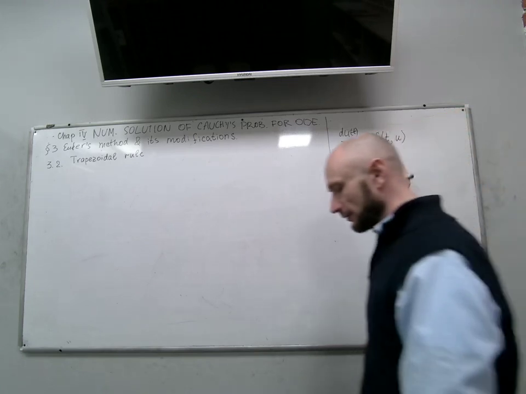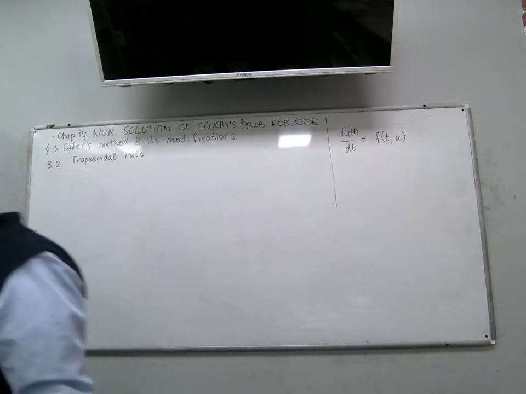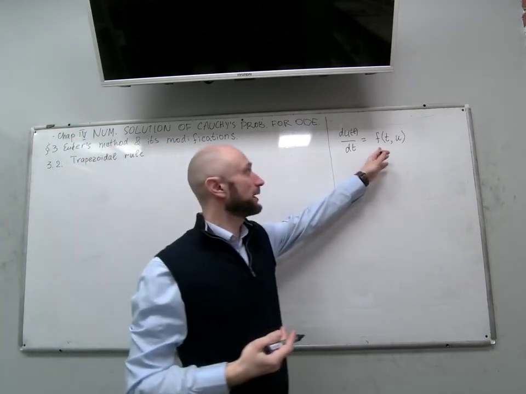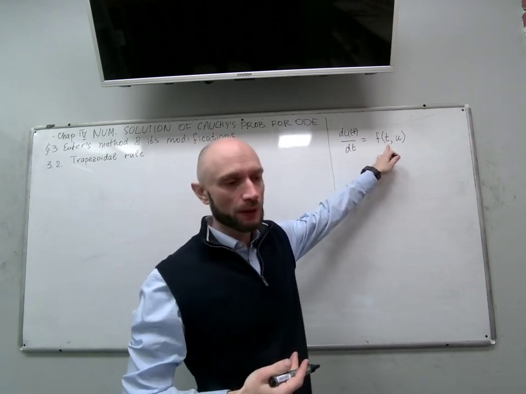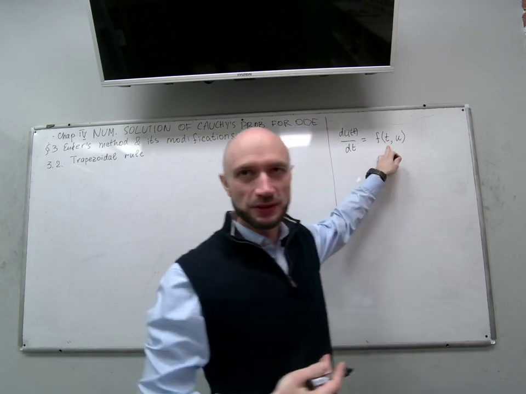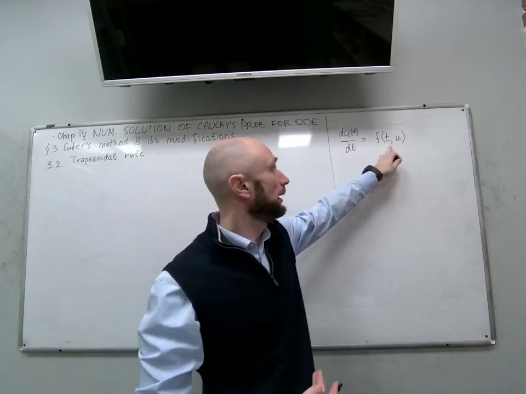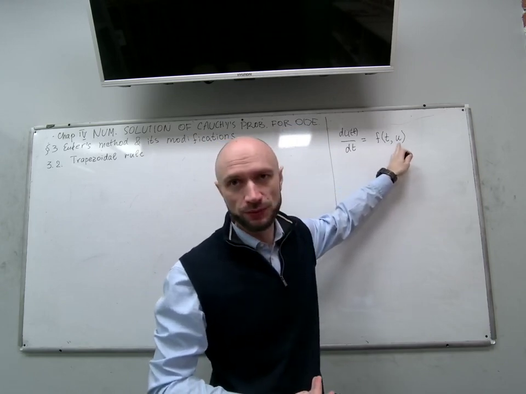So on the right-hand side you have some, probably non-linear, function f, which depends on both a simple variable t, which is usually associated with time, and our solution that we want to find.